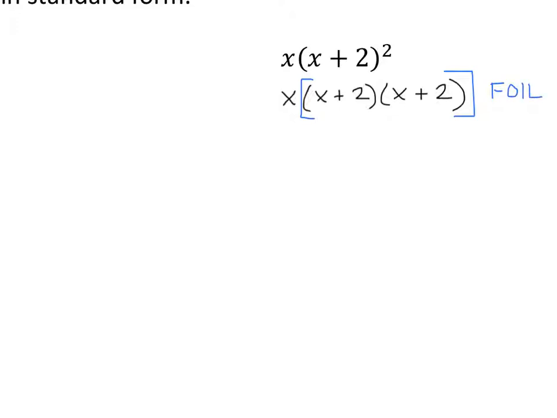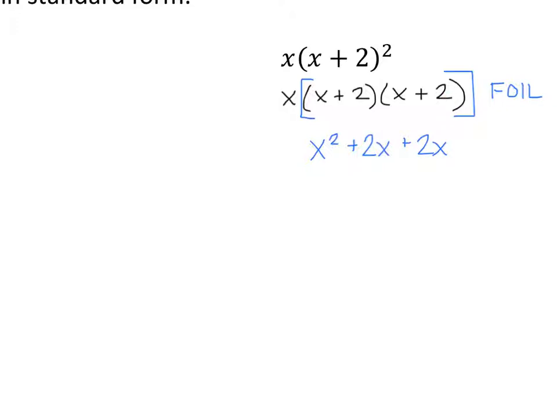All right, so first times first is x squared. Outside times outside is positive 2x. Inside times inside is also positive 2x.